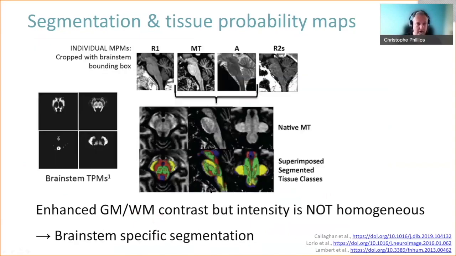Others, like Christian, that you will hear afterwards, focused on the brainstem and came up with brainstem specific tissue probability maps. And by combining two types of those quantitative maps, came up with a brainstem specific segmentation that let him more finely study the properties of the brainstem and, as previously mentioned, the difference between groups or their changes over time.